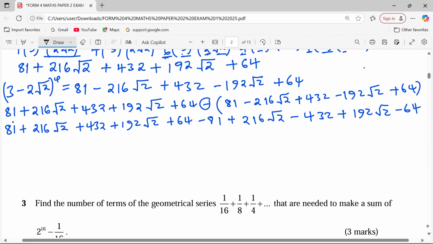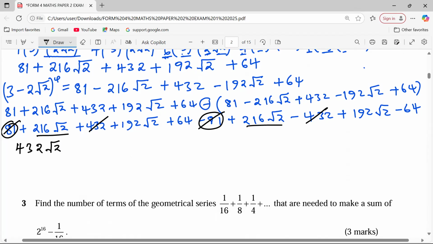Okay, terms now, 81 and 81 shall cancel because that's a minus. Then 216 root 2 plus 216 root 2. 216 plus 216, that becomes 432. So that becomes 432 root 2. That one, they just combine like that. Then we have 432 minus 432. That one cancels.